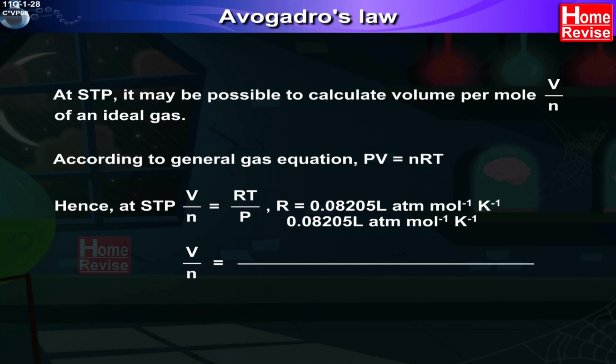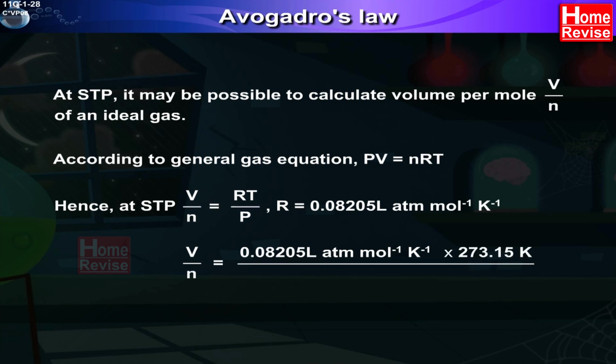V upon n equals 0.08205 liter atmosphere per moles per Kelvin into 273.15 Kelvin upon 1 atmosphere equals 22.4141 liter per moles.